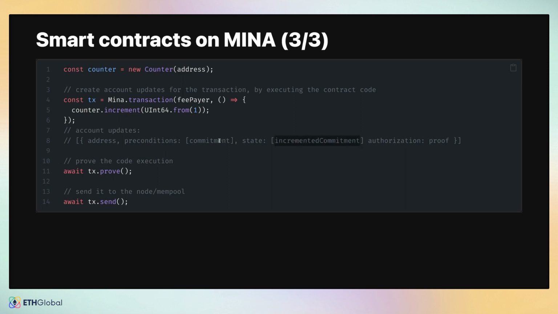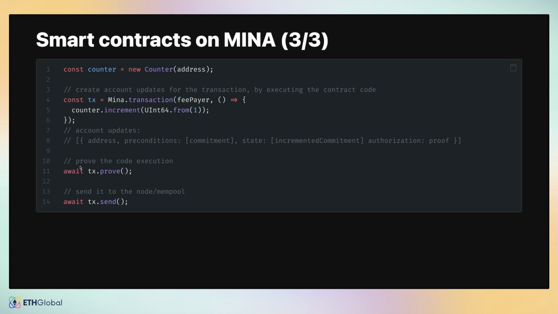And we'll also have the original commitment that we used in the computation as a precondition. And it will tell the chain that this account update is meant for the address of our smart contract. So when the chain goes to process that address, it knows the verification key of our smart contract circuit and can verify the authorization of the account update and apply all of the things listed in the account update to the chain state.